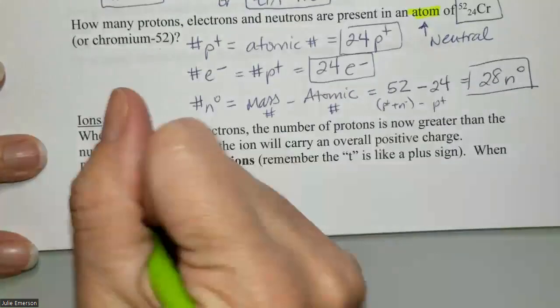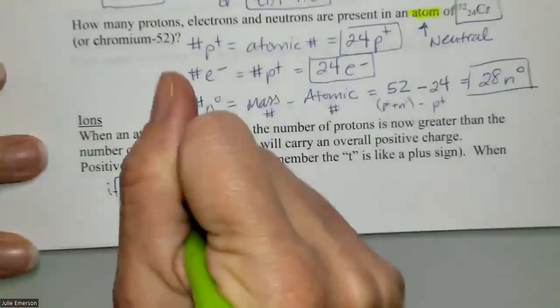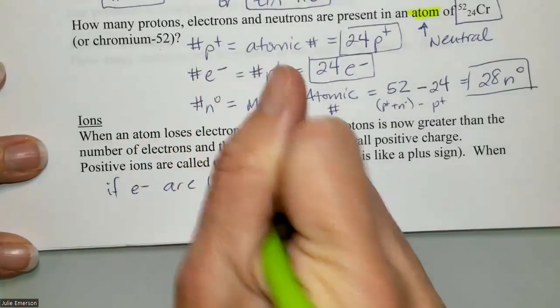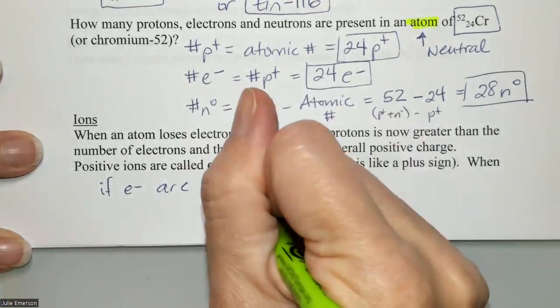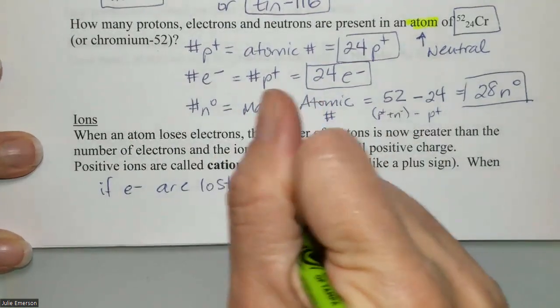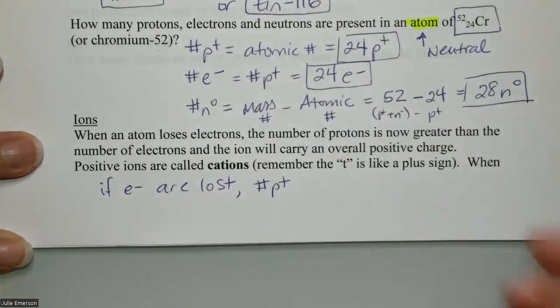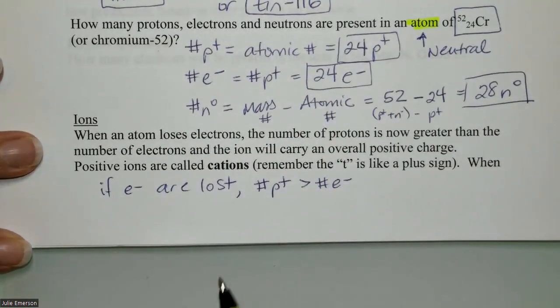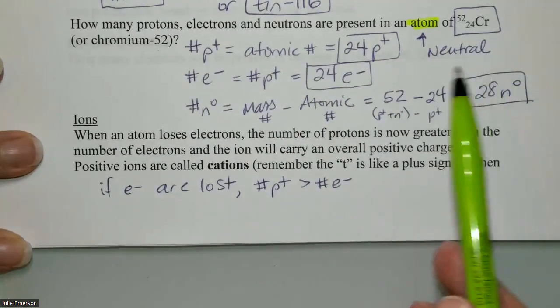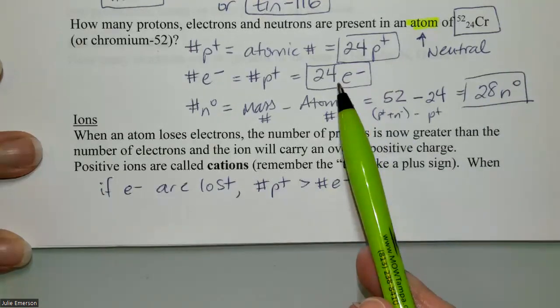So first, if electrons are lost, so if you have an atom that loses electrons, then that means your number of positive protons is greater than your number of negative electrons, right? Because if we go back up to chromium, we had 24 protons, 24 electrons.